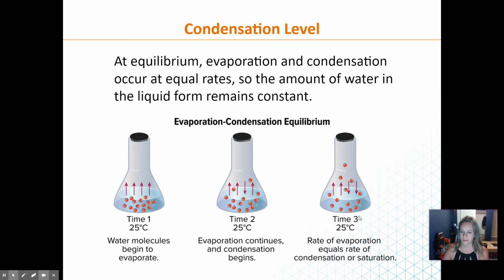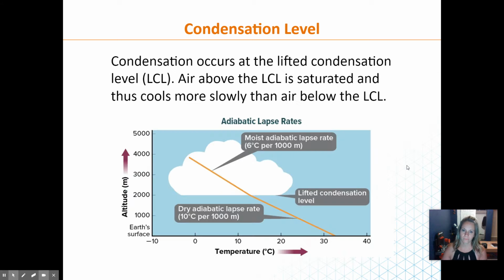And then time 3 at 25 degrees also, we've got the rate of evaporation equals the rate of condensation, so that would be your equilibrium. So it's not changing. We've got evaporation occurring and then saturation, and it's just a cycle back and forth. So we had basically no change in the rates. It remained constant. All right, so in real life, it does not remain constant.